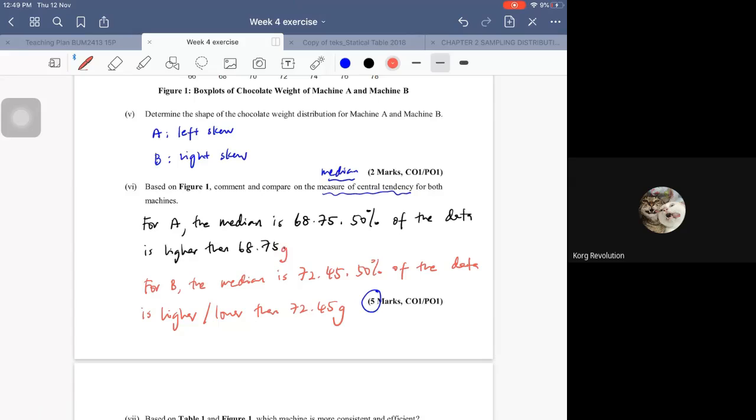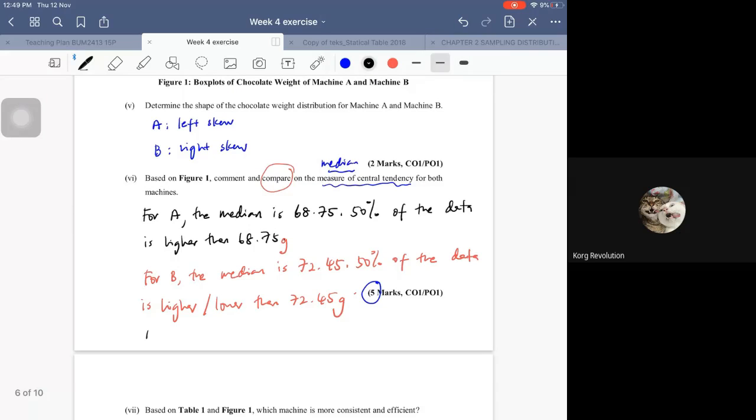This is actually the gram unit. So when you measure the chocolate, 50% of the chocolate is higher or lower than 72.45. And then because the question asks you to compare, you have to compare them. Which one has a greater median? Obviously, machine B has a higher median.